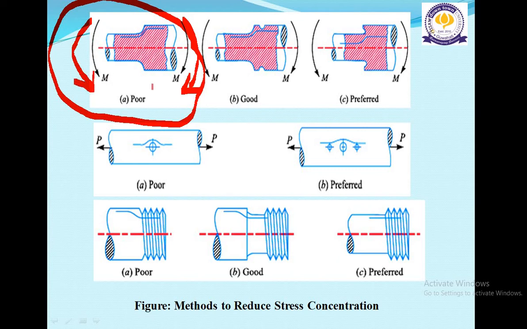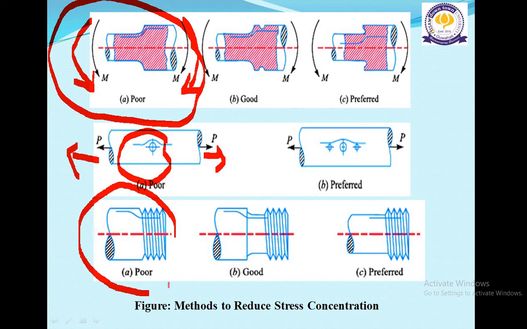The force P is acting on both sides, a tensile force, with a hole inside, and the poor form comes out like this. This is how the stress concentration is being reduced.